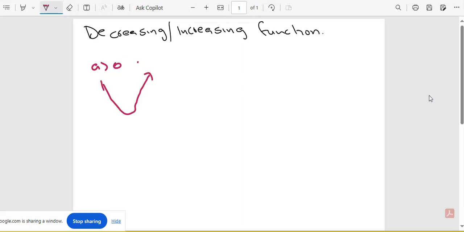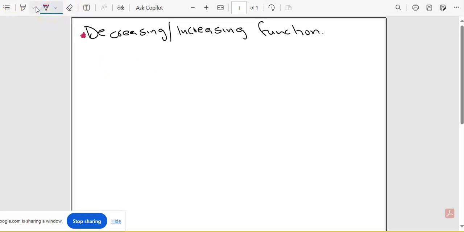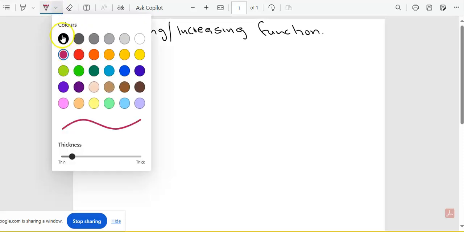Yes, sir. Right. So always when you test for the ascending and descending function, you need to walk from left to right. You need to walk in that direction. Let us quickly put this thing so that it will be easy for you to understand.